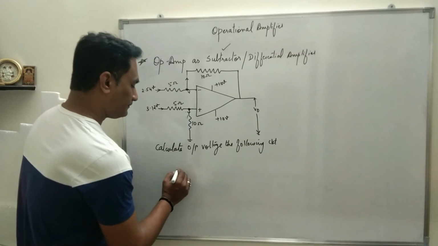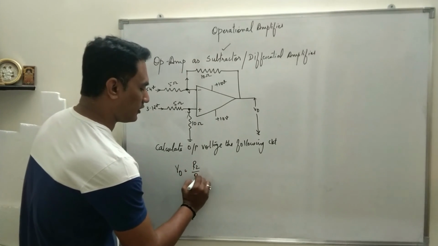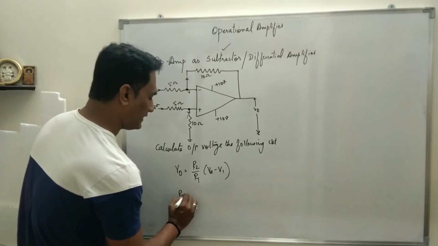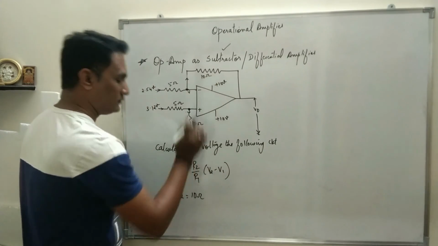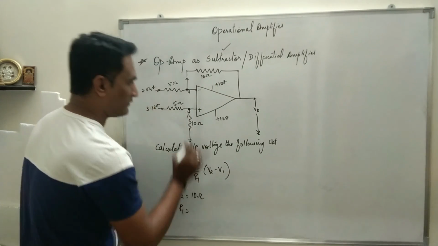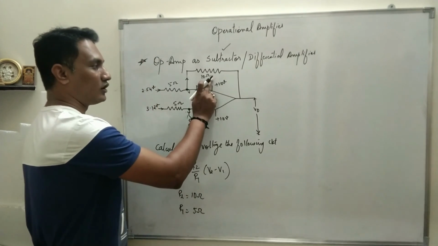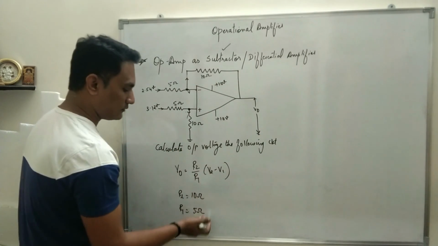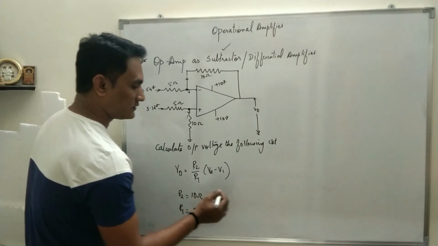Now what is the output voltage equation? V0 is R2 upon R1 times (V2 minus V1), and in this case R2 is 10 ohms and R1 is 5 ohms. These two resistances will always be the same as given, so whatever the value, you just substitute it in this equation to get the answer.